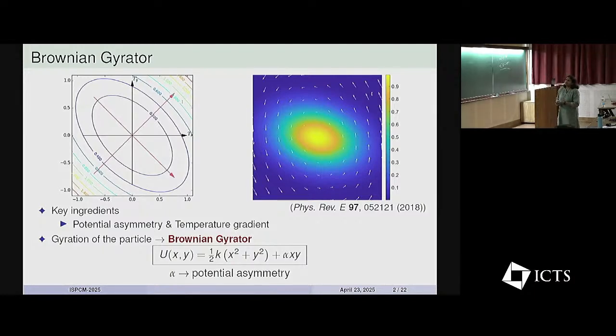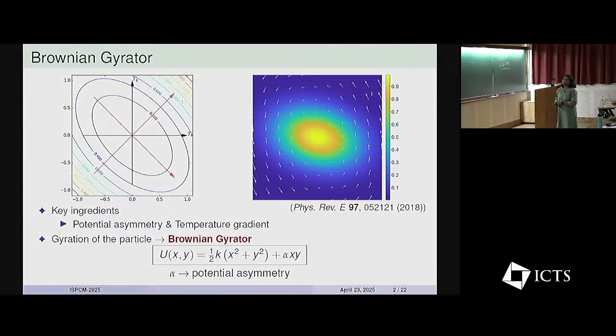Such a system will generate a systematic gyrating motion of the particle across the potential minimum. The gyration is possible only due to the presence of potential asymmetry and temperature gradient. That is why it is termed a Brownian gyrator.